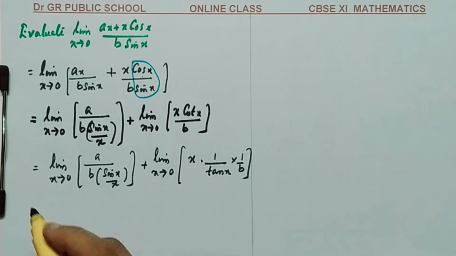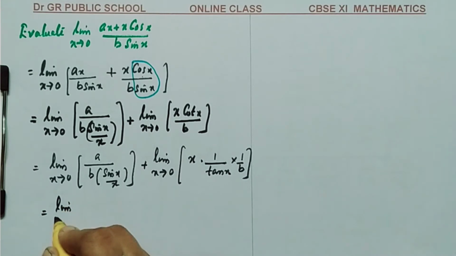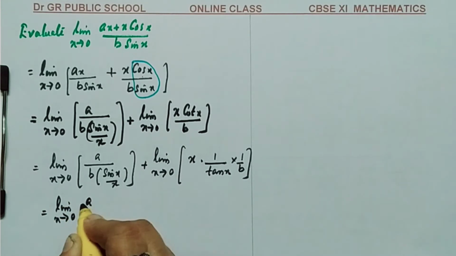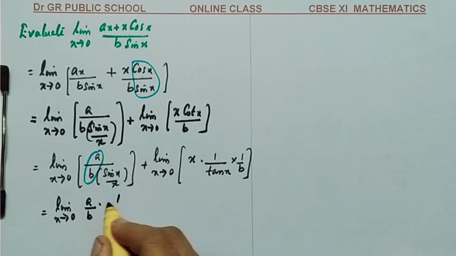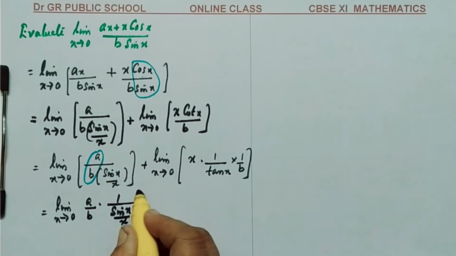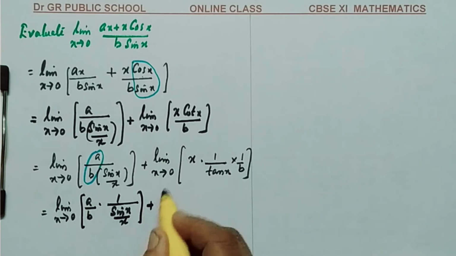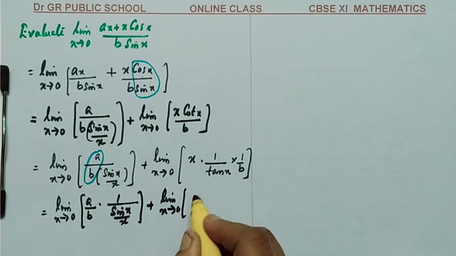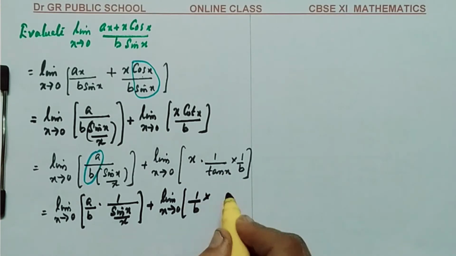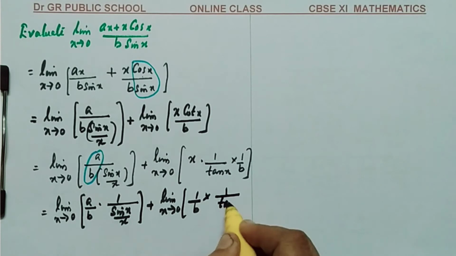Again an arrangement as equal to limit x tends to 0, a by b, this I am going to keep separately as a by b into 1 by sin x by x, with the first bracket, plus this I am going to arrange as limit x tends to 0, 1 by b into 1 by tan x in the denominator.